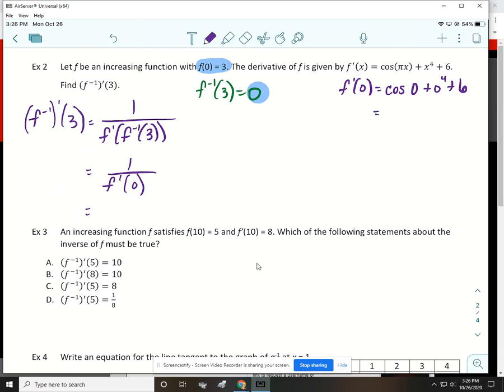Cosine of 0 is 1, so this is going to be 7, so this is 1 over 7. Also, don't forget that f prime of 0 and f inverse prime of 3 are reciprocals. So as soon as we know this is 7, we should know this is 1/7.